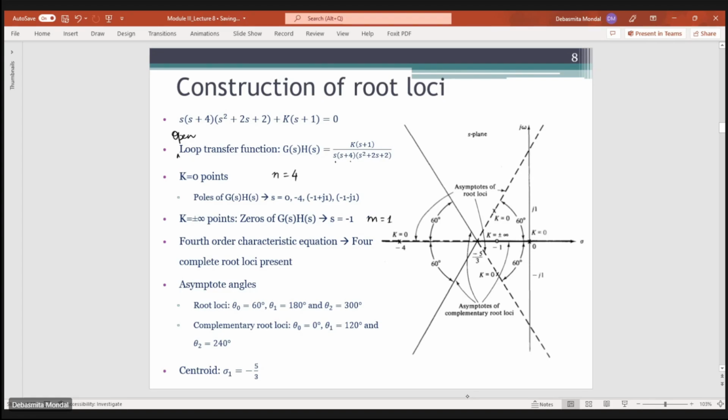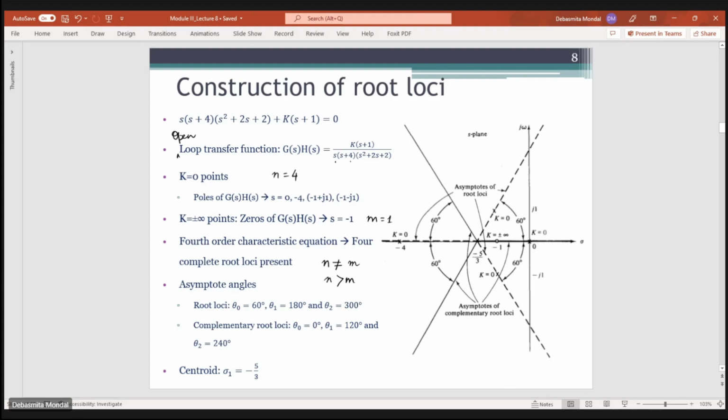So you can say that n is not equal to m, and in fact the value of n is greater than m. So m root loci will start at finite poles and end at finite zeros, and n minus m, that means 3, root loci will start at finite poles but end at infinite zeros.